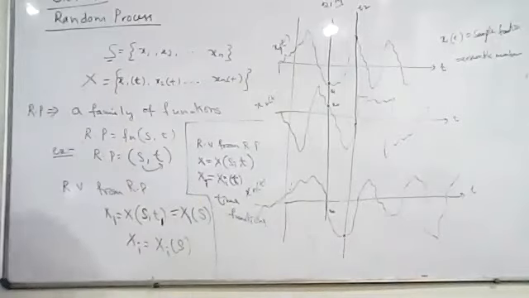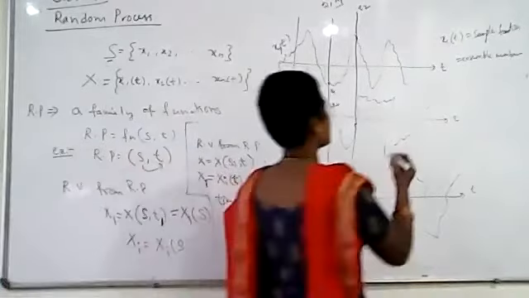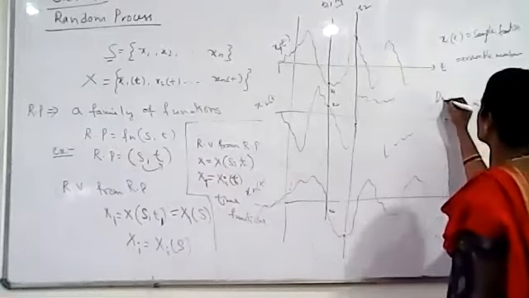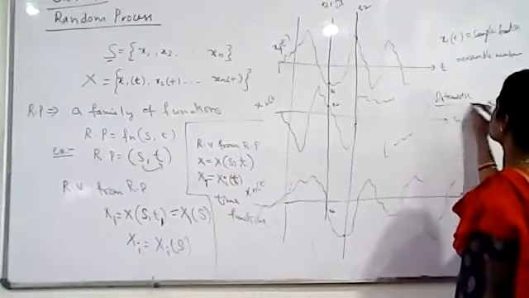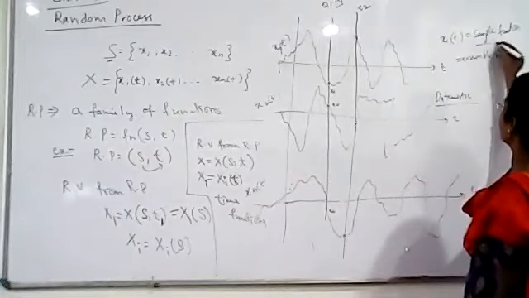Now we'll discuss the different types of random process. There are two types: deterministic and non-deterministic random process. What is a deterministic random process? We have sample functions.